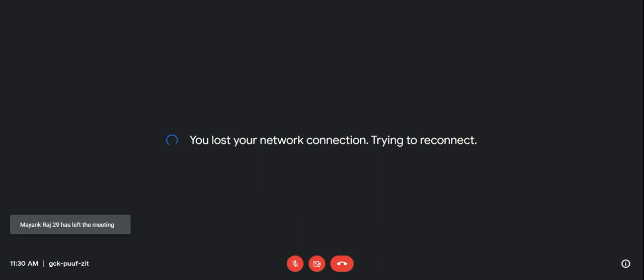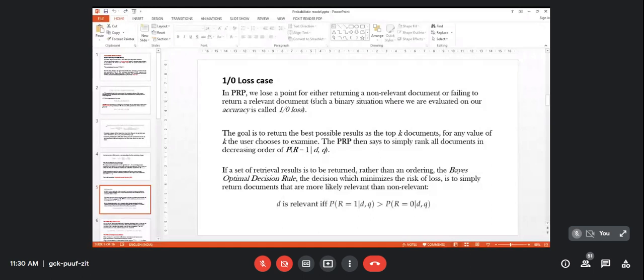And if it is not relevant, then R equal to 0. In this PRP principle, we lose a point for either returning a non-relevant document or failing to return a relevant document. Thus, the binary condition where we are evaluated on our accuracy is called 1/0 loss.